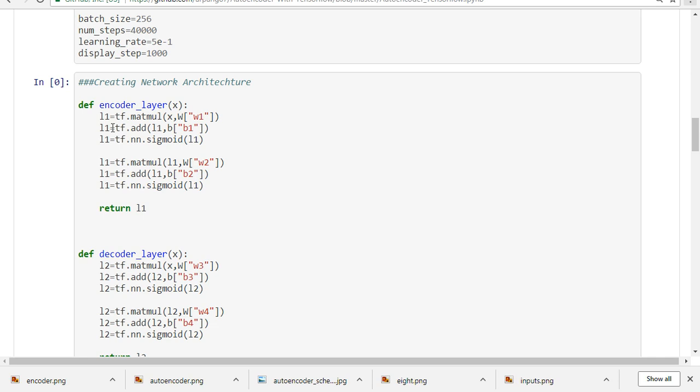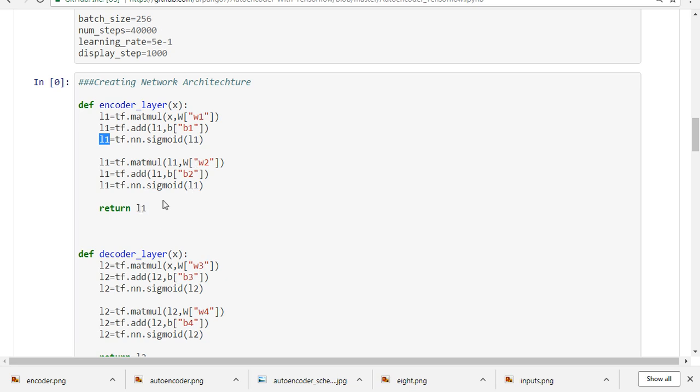So once you have L1, you use the matrix multiplication of x and w1, then you add b1, which is wx1 plus b, then you use the sigmoid function. After that, you take this output and convert it with another weight matrix, w2, add the bias, and apply the sigmoid function.